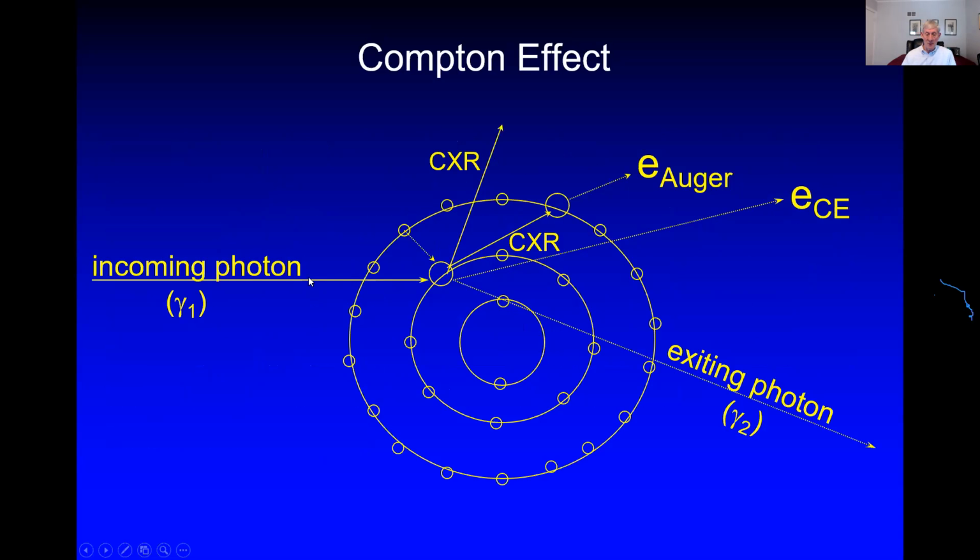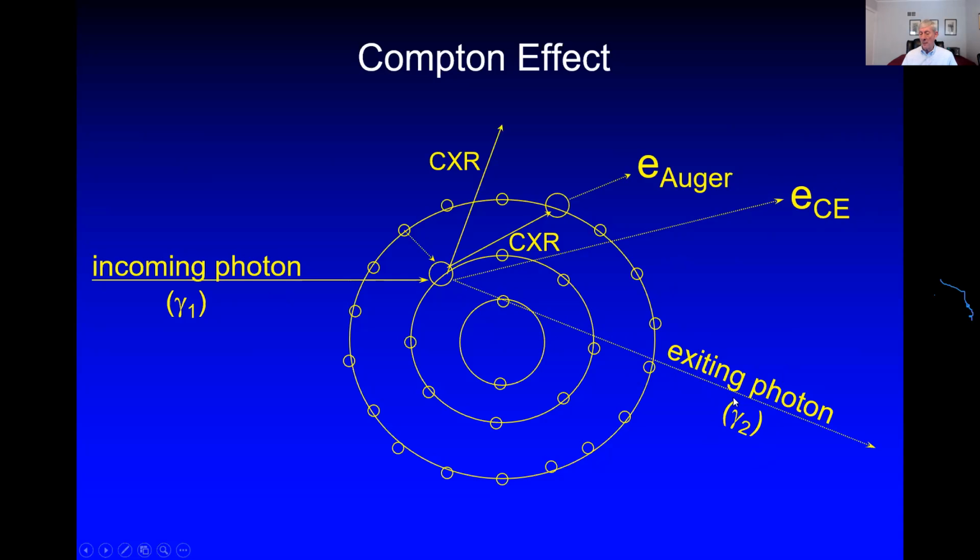Now, here's what's happening. This incoming photon, we'll call it gamma 1, hits this electron right here, knocks it out. There it is, the Compton electron, named after Mr. Compton, a physicist. And gamma 2 is deflected down opposite this one, not 180 degrees, probably never, but at some angle. It's an indeterminate angle. It could be anything. And that exiting gamma, we call gamma 2.